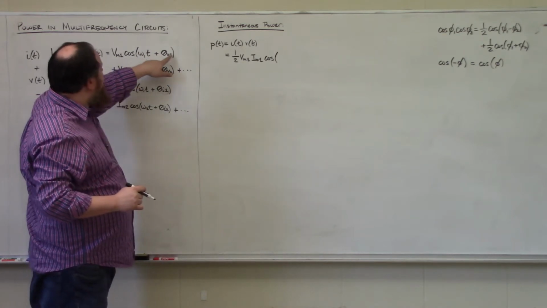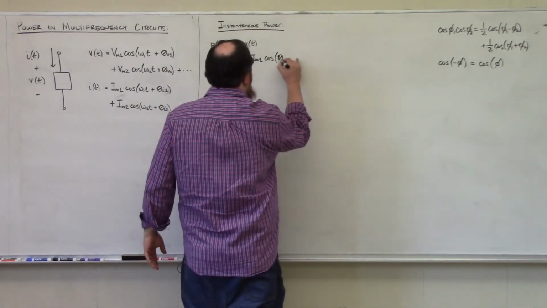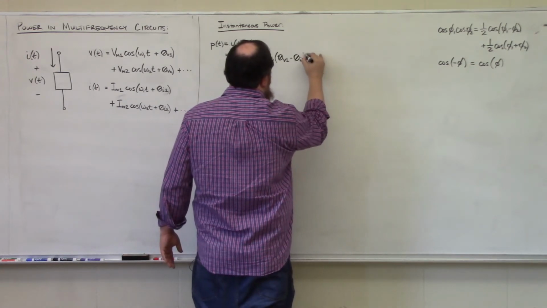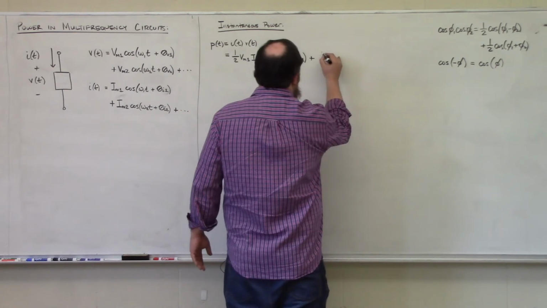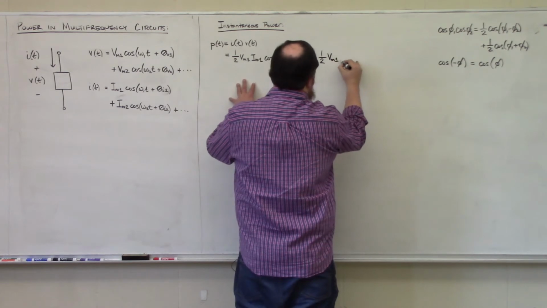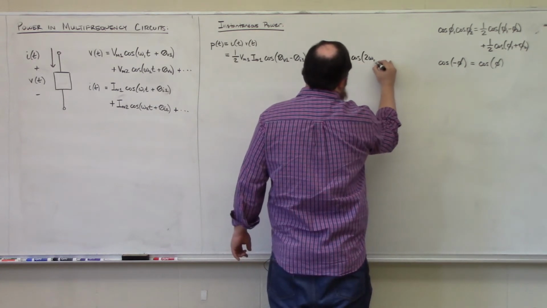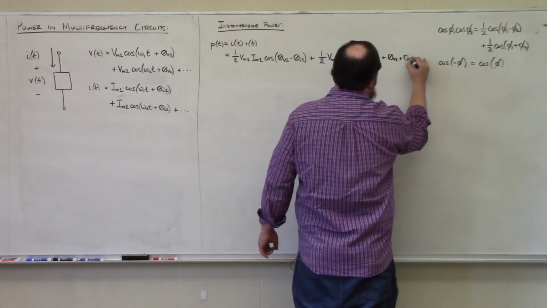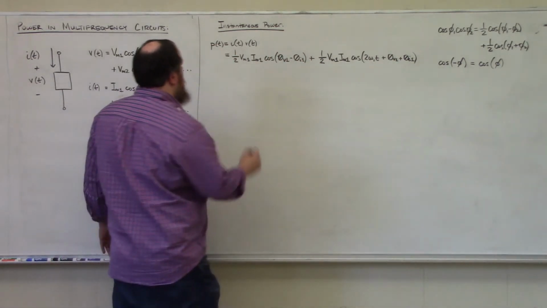So omega 1 t plus theta v1 minus omega 1 t plus theta I1 gives us theta v1 minus theta I1, plus 1/2 Vm1 Im1 cosine twice omega 1 t plus theta v1 plus theta I1. That's our first term.